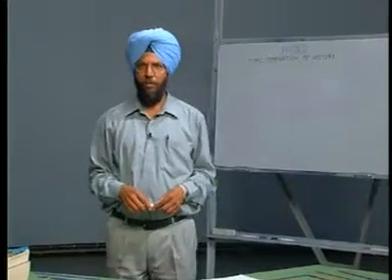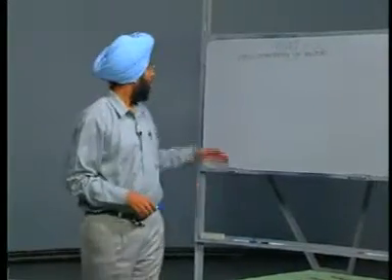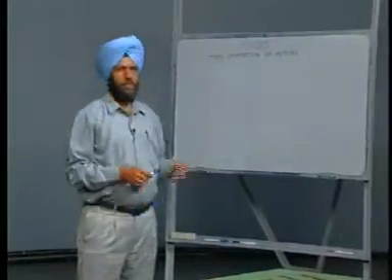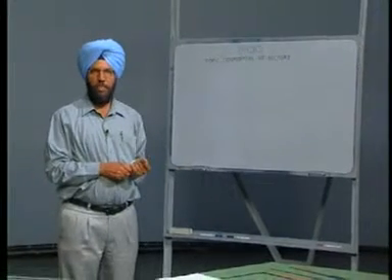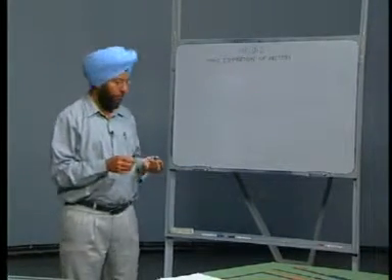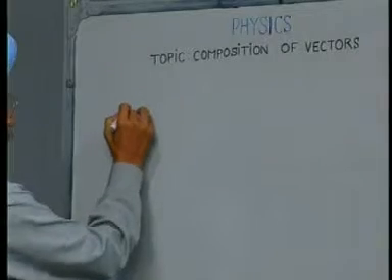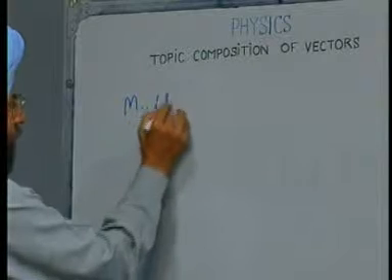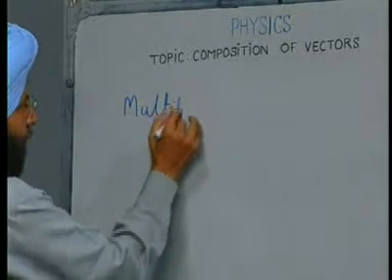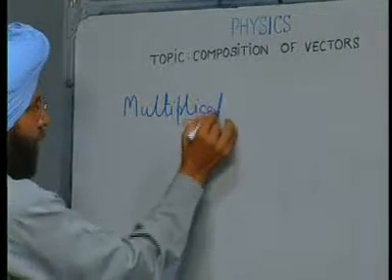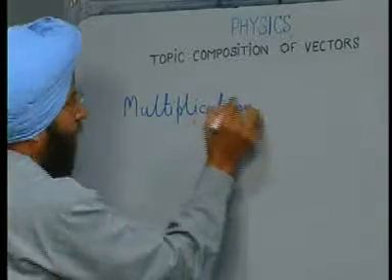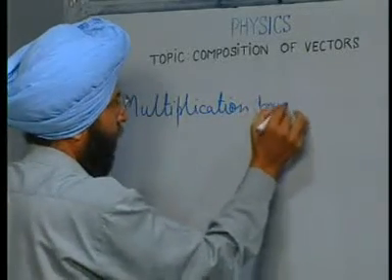Today's topic will be composition of vectors. Before starting with composition of vectors, we have a small topic: multiplication by a real number.